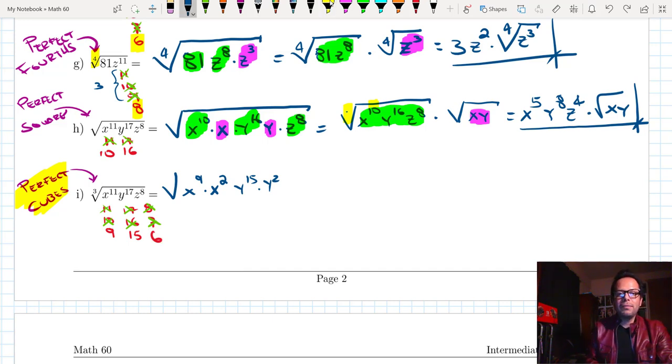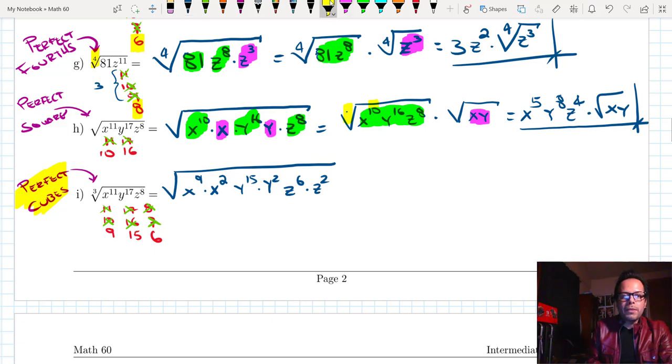So we write z to the 6th power times z squared. Notice, let me highlight, 9 plus 2 equals 11. See how that's the same? 15 plus 2, that's 17.